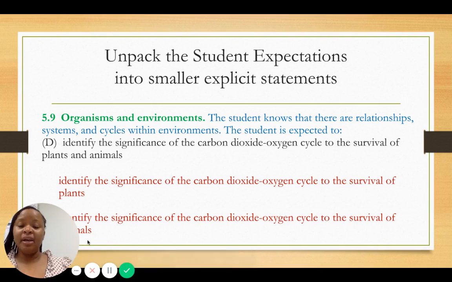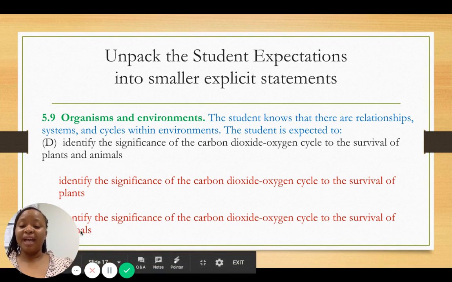If I do not, what I've done is I have not taught all of my TEKS, which is quite often what happens, especially with veteran teachers, because if we don't go back and review the standards on a regular basis, we may forget that the standard encompasses way more than just one item. If I'm preferential to animals, I may not teach plants because I have a lot of activities I love with the animals.